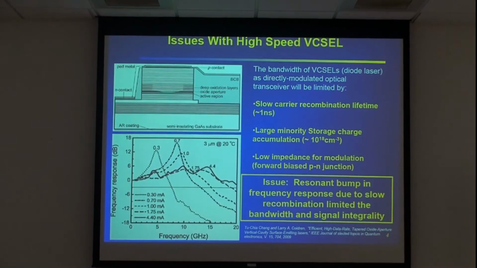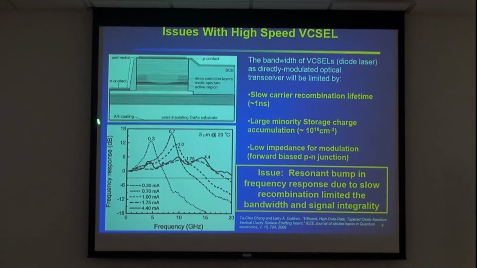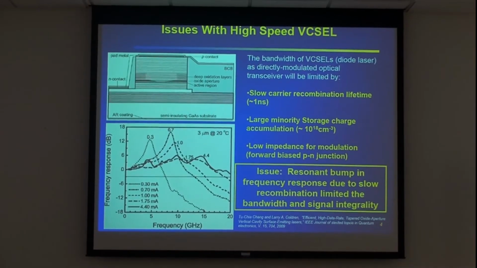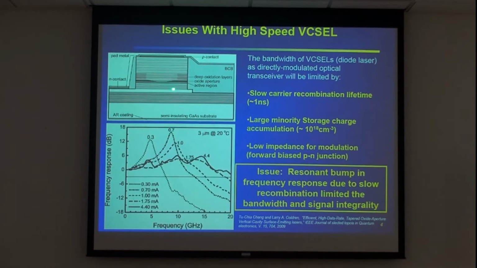So here is the typical VCSEL that is suitable for short distance communication applications, because the dimension is small and you have lower external resistance and capacitance. This device was made by UCSD, Larry Coldren, which is the state of the art of VCSEL.